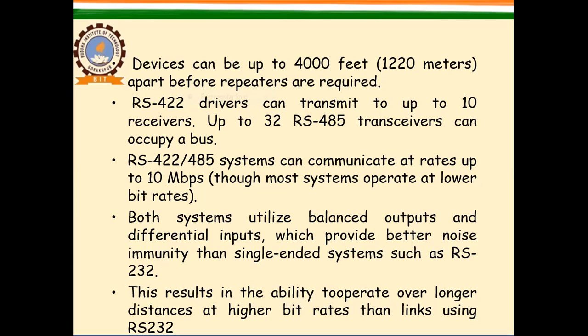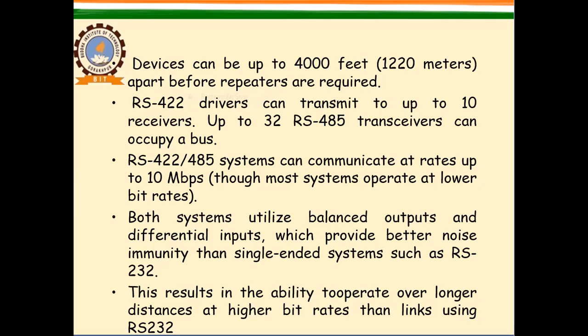Whether 422 or 485, both systems utilize balanced outputs and differential inputs. तो बैलेंस आउटपुट और डिफरेंशियल इनपुट्स होने की वजह से नॉइस इम्यूनिटी बढ़ जाती है। So it has a better noise immunity if you compare it with a single-ended system such as RS232, जहाँ पे हम लोग सिंगल डिवाइस कम्युनिकेट कर पा रहे थे, और फिर भी वहाँ पे एक पॉसिबिलिटी थी कि डेटा may be corrupt, data may be lost, and the noise can affect the data.